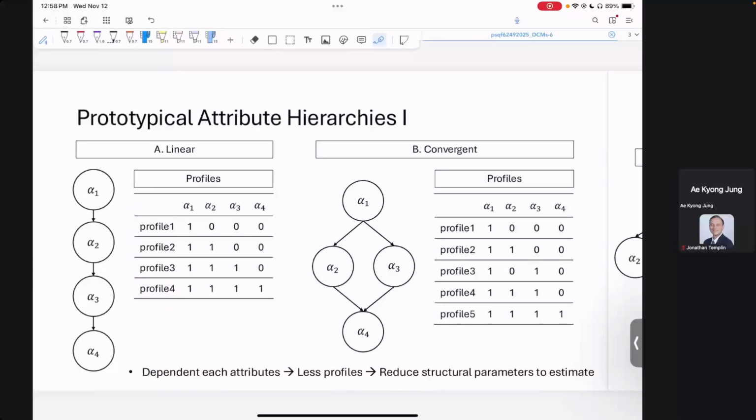So assuming there are more dependencies among the attributes, then we will have fewer profiles to estimate. Yeah. So when I first saw your convergent model, it appeared to me that you could go either through A2 or A3 to get to a mastery of A4. Based off your profile, you're indicating you have to do both.